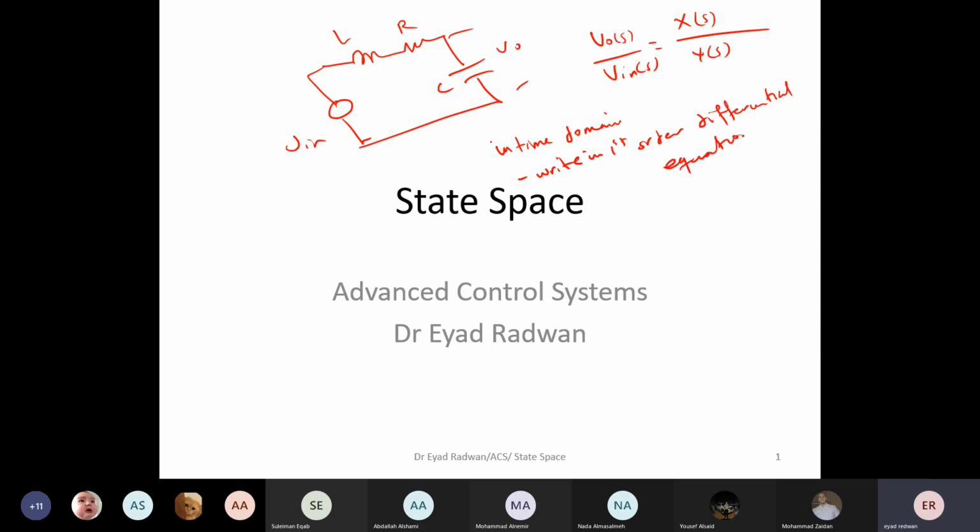For example, this system, as you can see, has two energy storage elements, the L and the C. So this has to be a second order system.